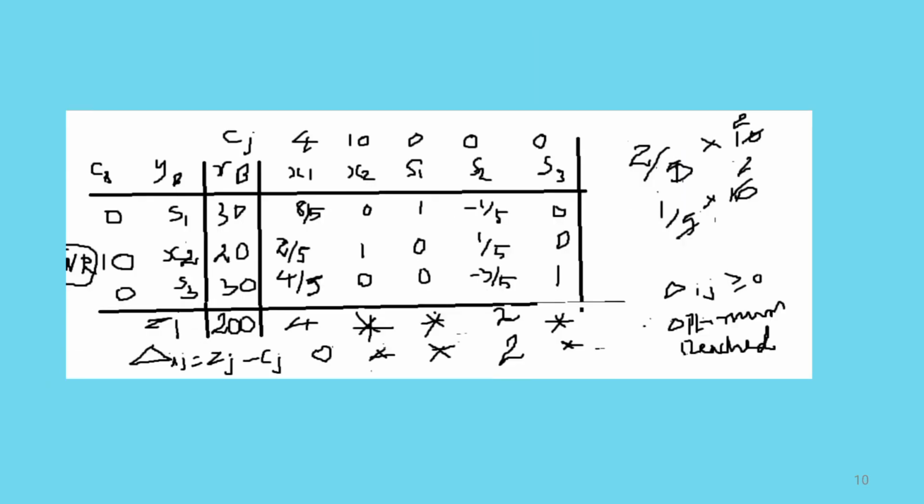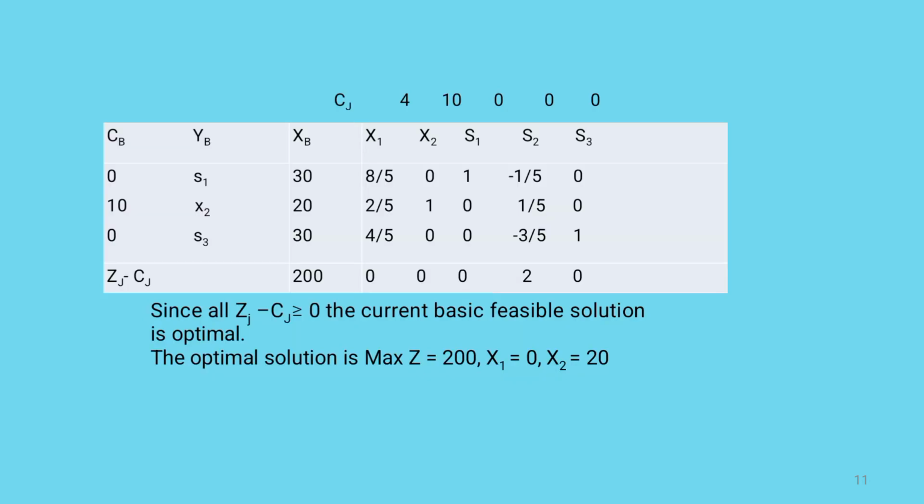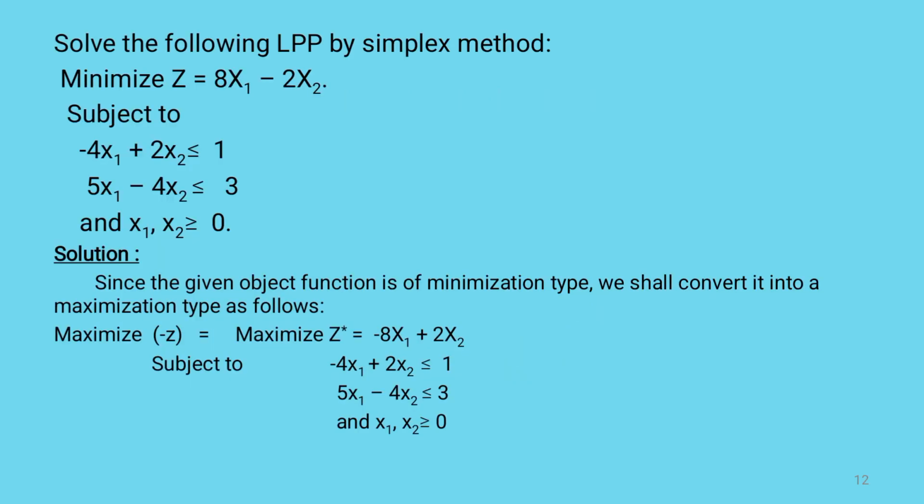Finally, the z value becomes 200, s1 is 30, x2 is 20, s3 is 30, and the only decision variable in the basis is x2. Therefore the remaining x1 and x3 become 0. From this, optimality is reached as all are positive. The values are x1 is 0, x2 is 20, and x3 is 0. So we get the maximum as 200.